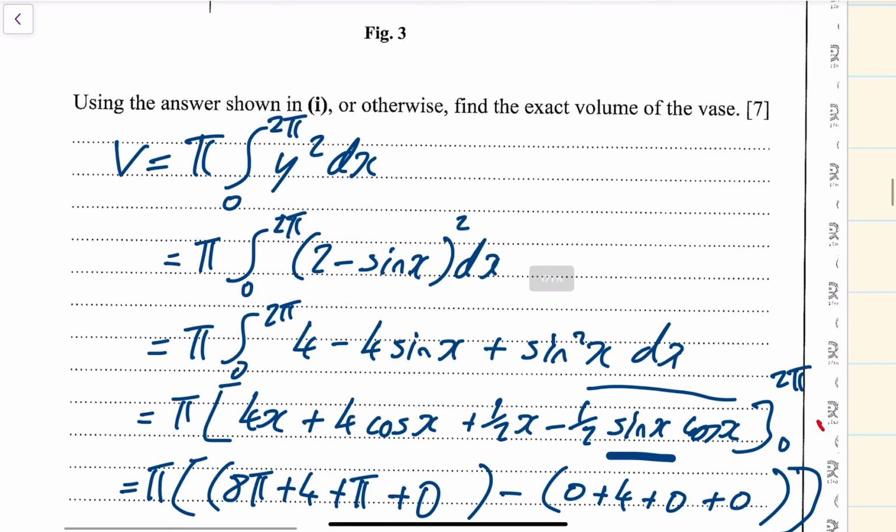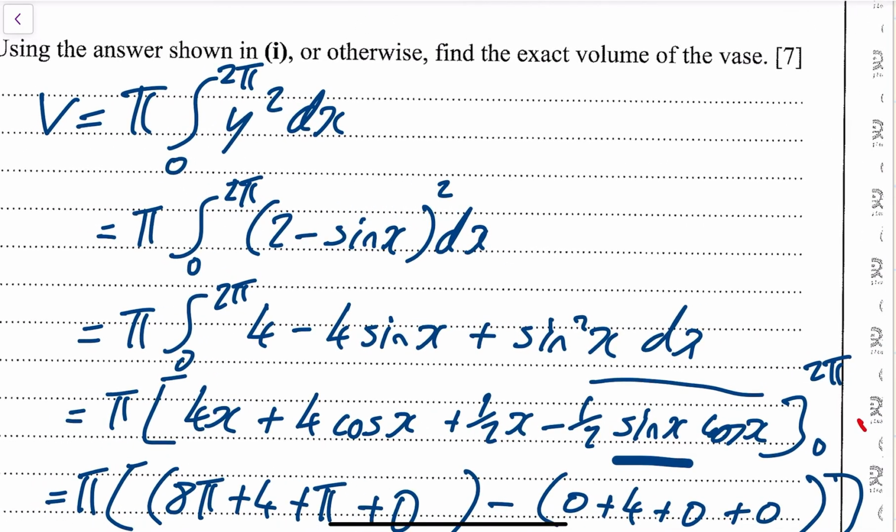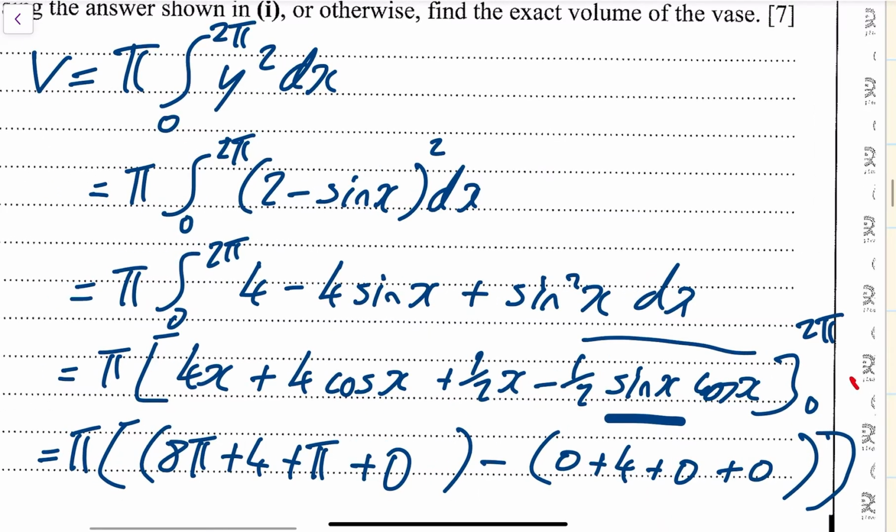y squared. Now my y was equal to 2 minus sine x. Square that out. 2 minus sine x squared gives you this whole thing here. And why we needed to do part 1 of our question, which you can see, part of this involves us integrating sine squared. And we know what that is from earlier on. When you integrate sine squared, you get this.